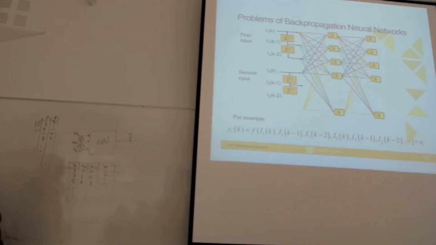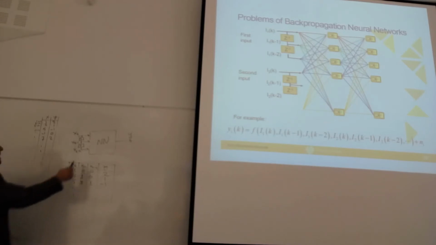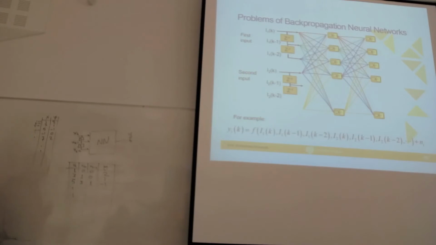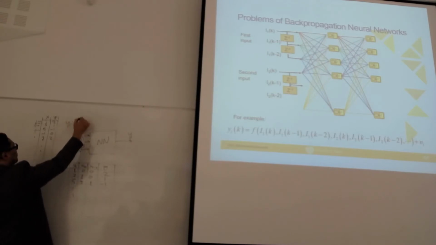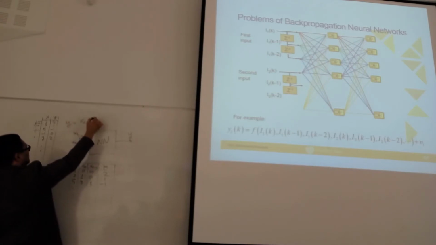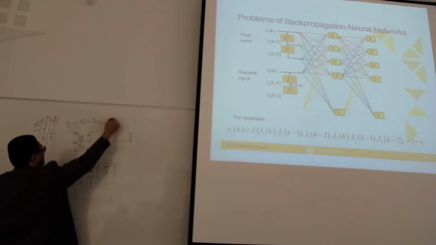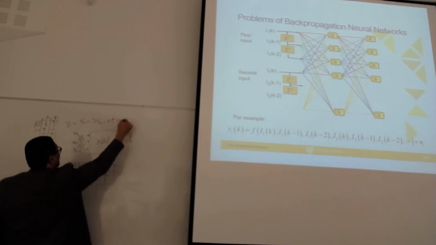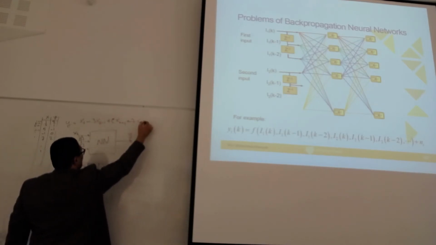This looks fine and easy to do. But for some systems, we might have too many inputs or too much history. For example, y equal to xt minus 3 xt minus 1 plus 5 xt minus 2 plus 7 xt minus 3, and so on.